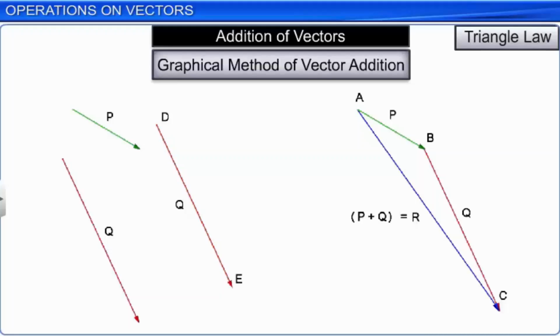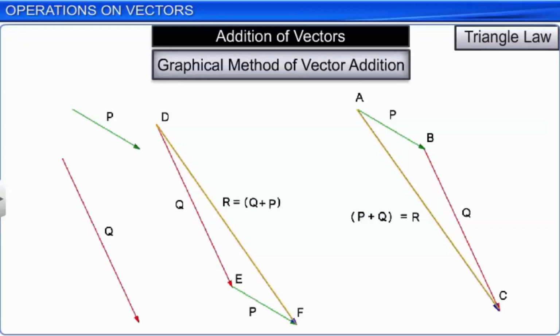Display an arrowhead at F on the line DF. DF is vector R obtained by adding Q and P. Here, vector R obtained by adding P and Q is the same as obtained by adding Q and P. This vector addition is the commutative property of vectors.